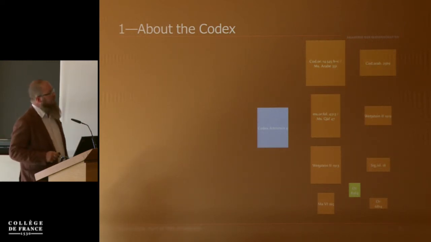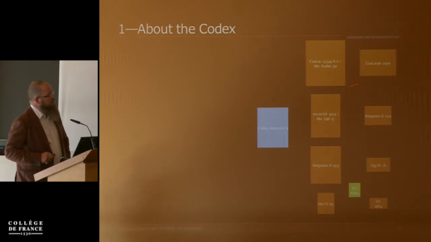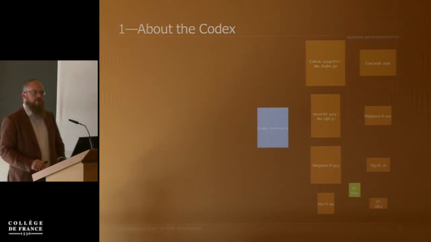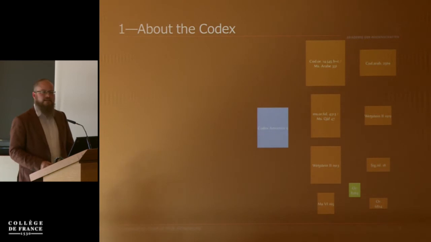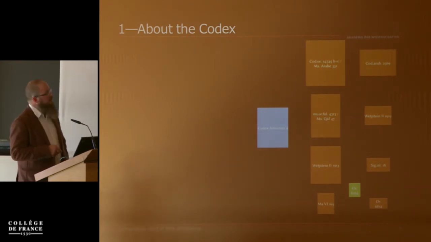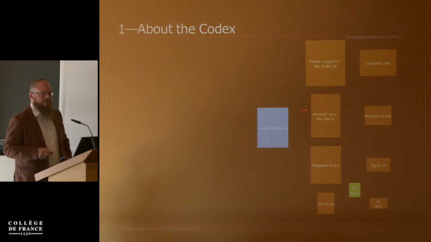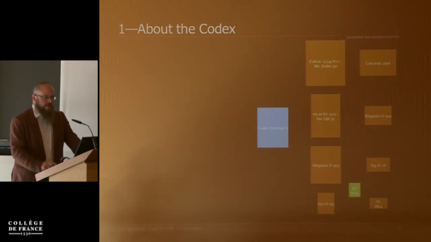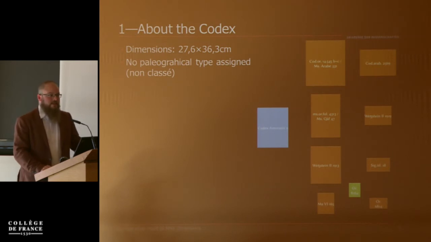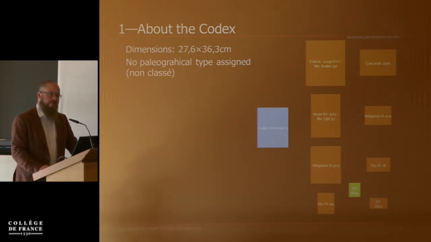The dimensions are quite similar to the Wettstein 2, 1913, which is a pretty, well, not really complete, but it's a 83% or 78% codex with a Hijazi script, so it's well fitting into that dimension with 26 to 36 centimeters. Paleographically, it has not been assigned any special type.